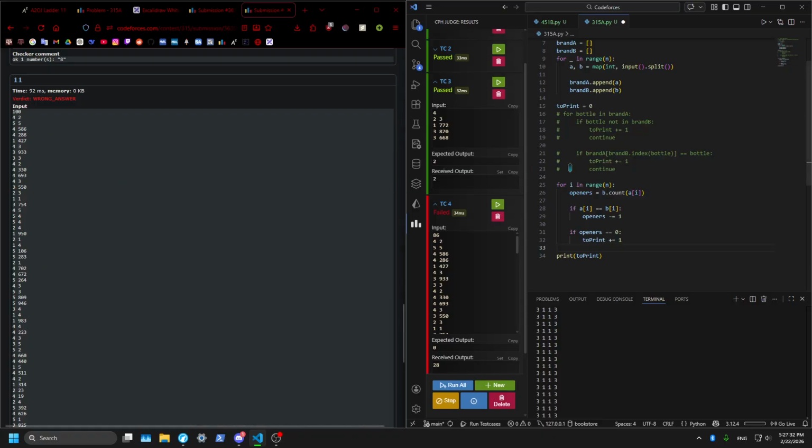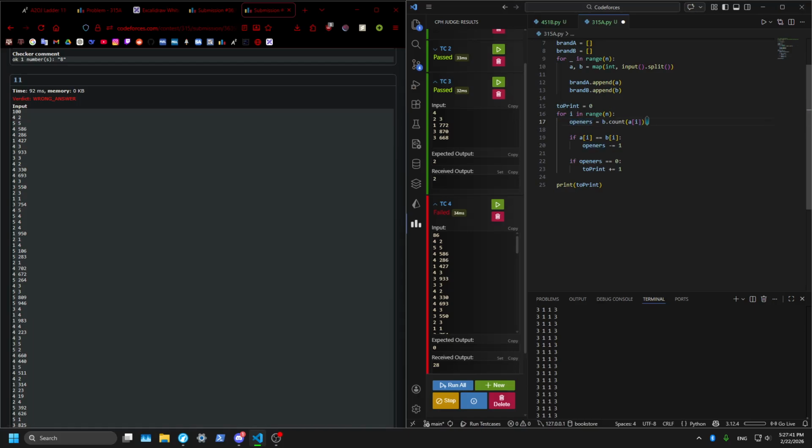So basically what this is doing is we're looking for how many bottles can open A[i]. If A[i] happens to be able to open itself, we subtract by 1. If openers is 0, then we add.